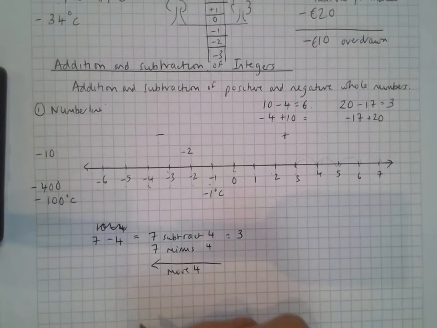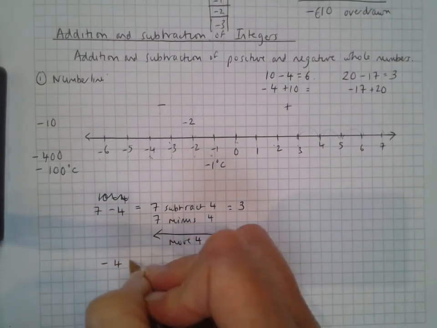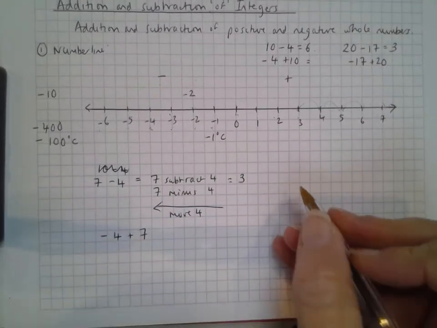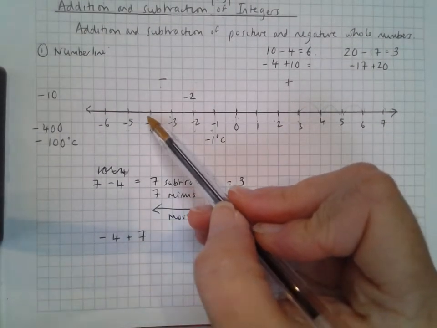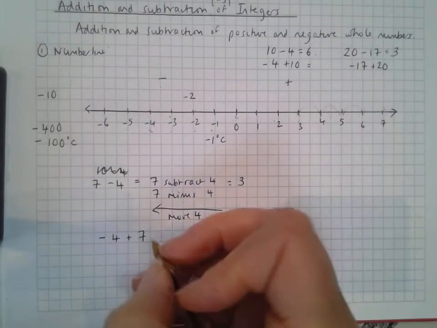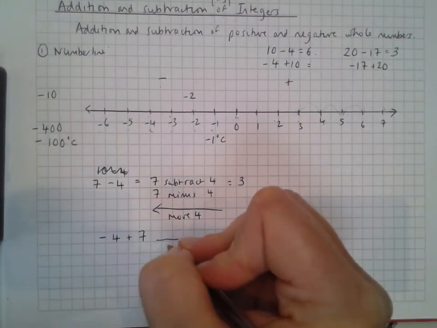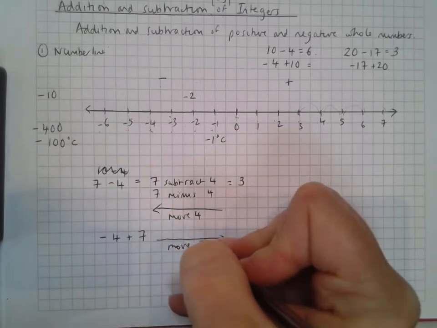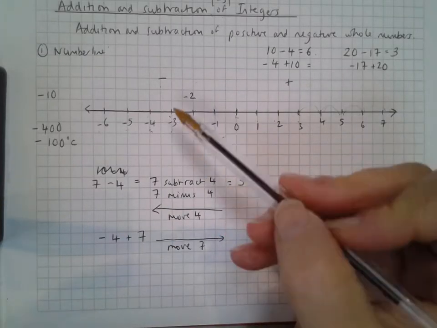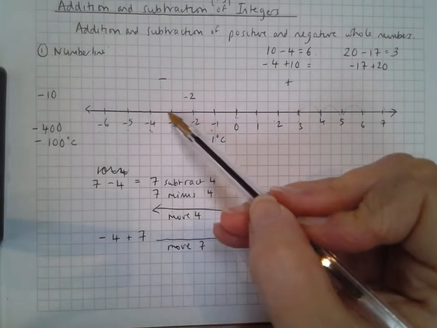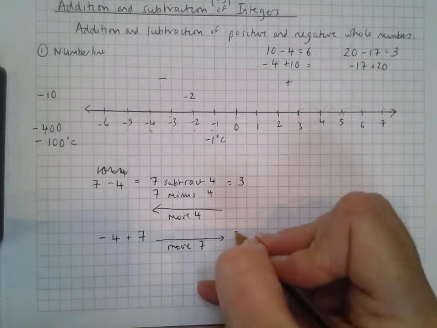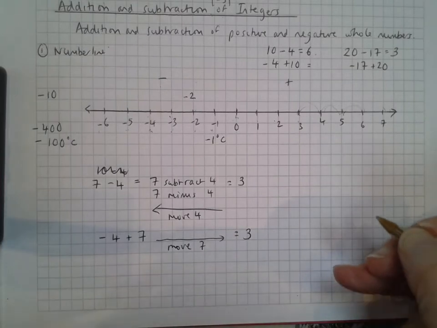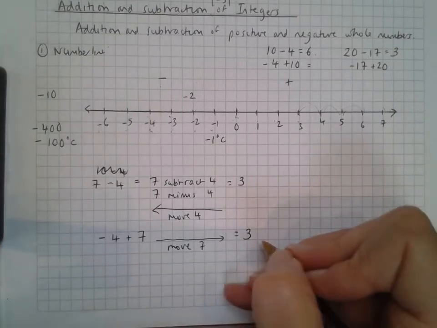Let's do it the other way. If we had -4 plus 7, how would we work that? Well, if we were at -4 and we wanted to add on 7, we know we'd move to the right, and we'd move 7 to the right. So we'd start at -4 and go 1, 2, 3, 4, 5, 6, 7, and again we end up at 3. -4 plus 7 equals 3.